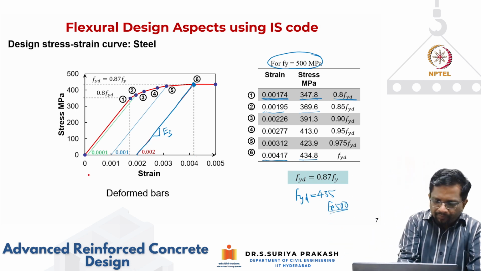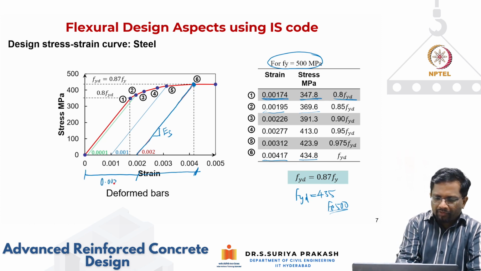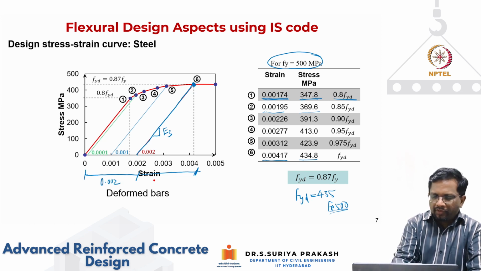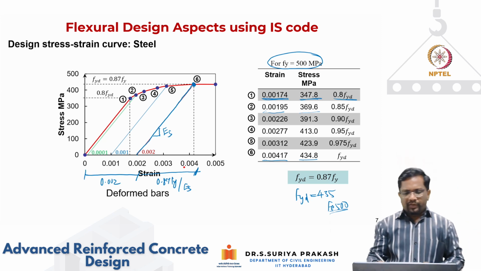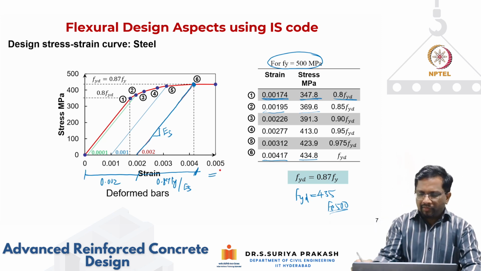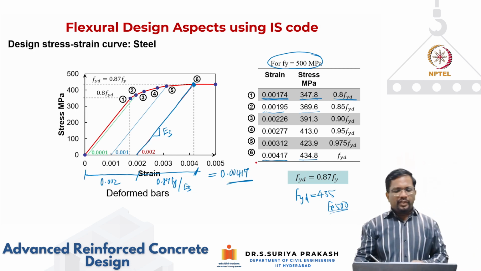It is going to be this value plus this value. We know that this one is 0.002. And what would be this other value? I know the stress is 0.87 Fy, which you divide by Es to give me the value. When you add them, you get a value of 0.00417. So that is your yield strain.